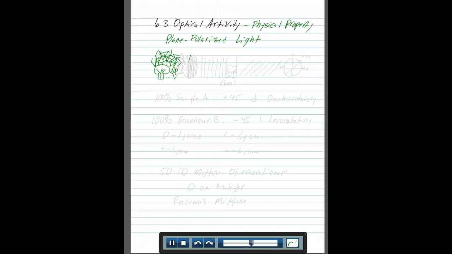What you have is a polarizer in front of it. If anyone has polarized sunglasses, you know that only certain light is able to travel through the polarizer. So you have all these wavelengths of light, but if it's polarized going up and down, only those light waves are allowed to travel through.